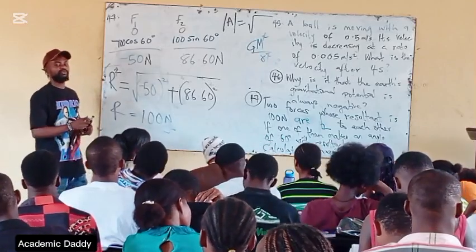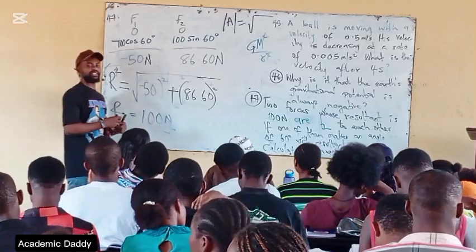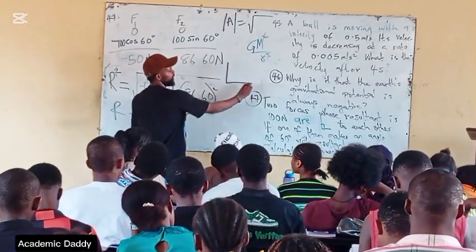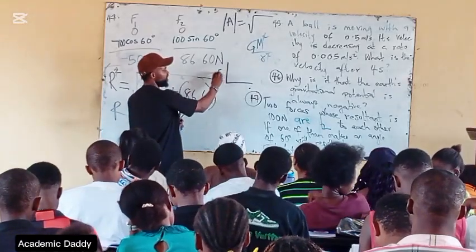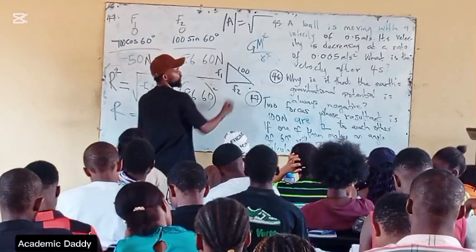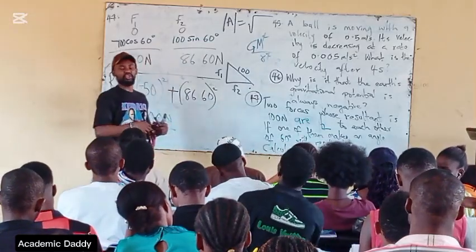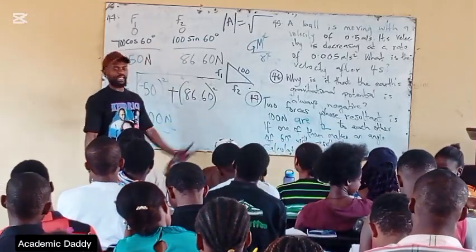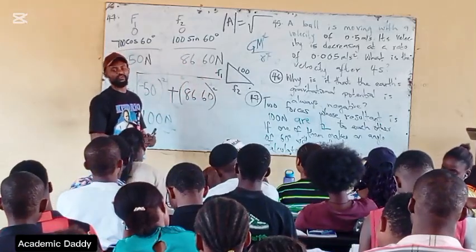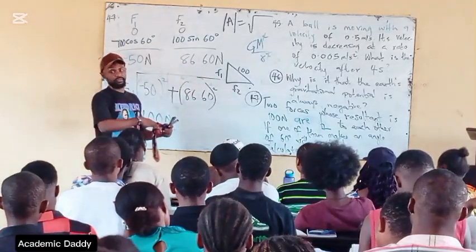Now somebody asked me, you don't understand how I got 100 sine. See, the question said I have two forces perpendicular to each other. One is F1, one is F2. I don't know what they are, but I know that there is 100 here. I can even use my scalar tool to do it, but I chose not to, because I know that what we've done so far is vectors.